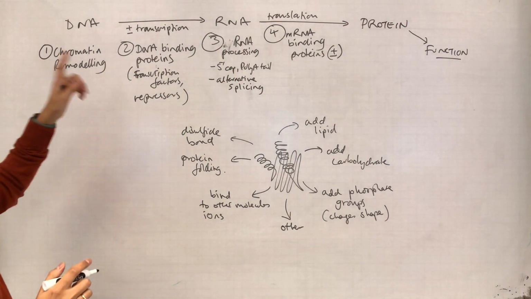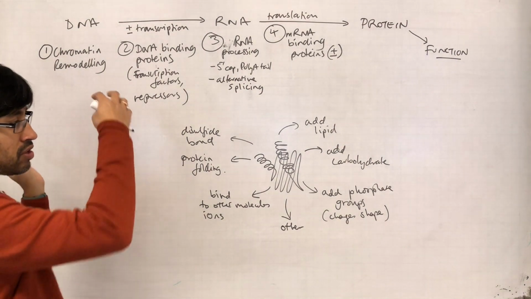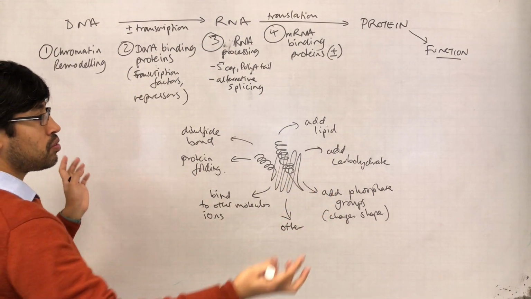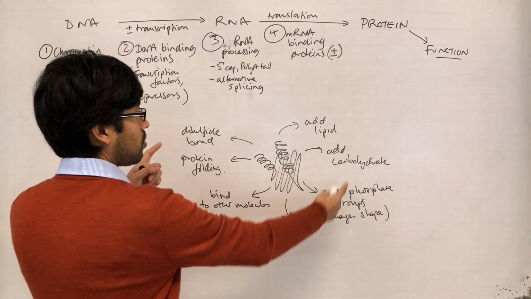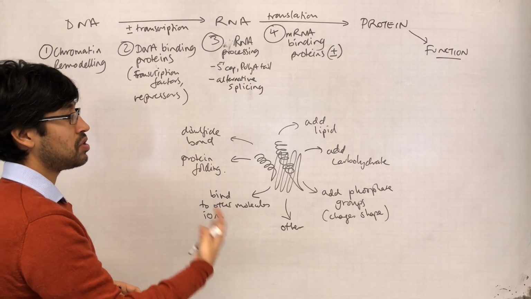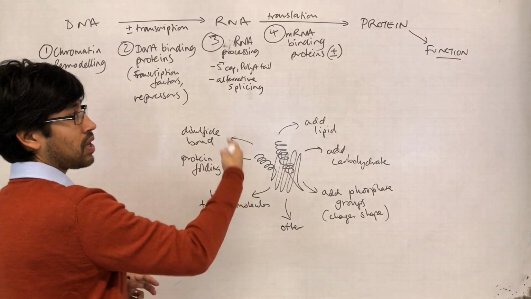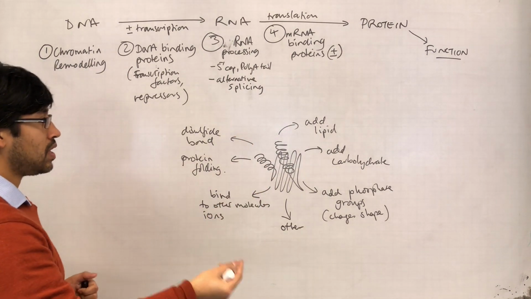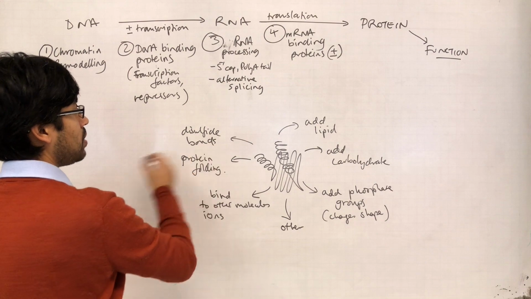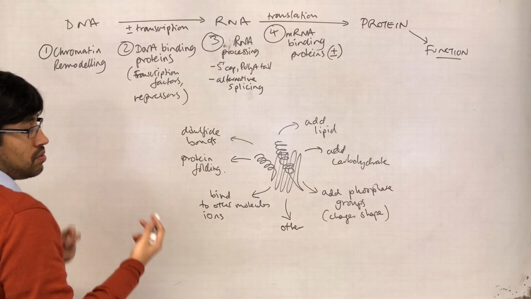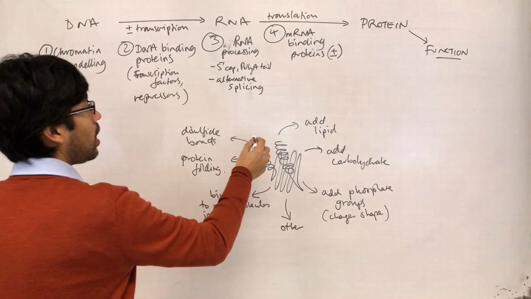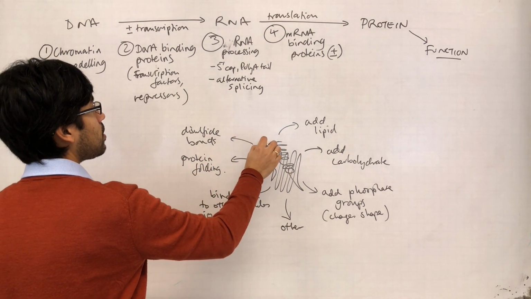So as the cell is responding to its environment or responding to other signals, things are happening in the cell to control which of these things are done to a particular protein to get its function to change in the way that best suits the cell in that moment in time. Okay, so disulfide bonds could be formed to make the protein structure different.